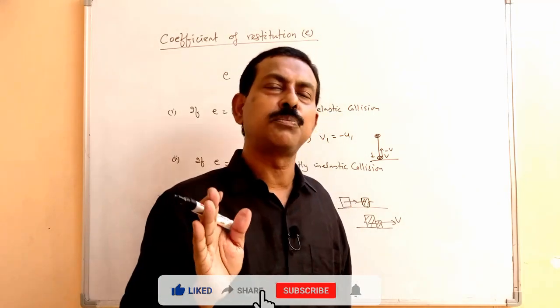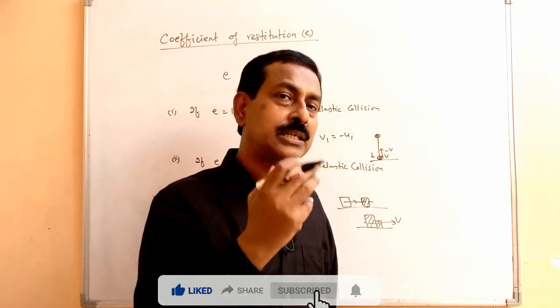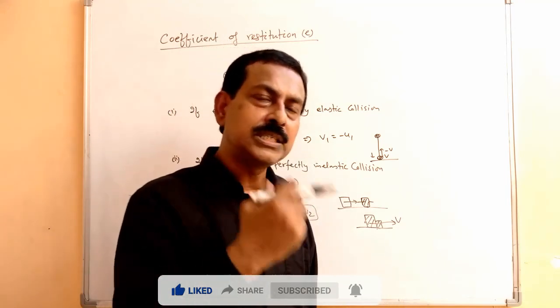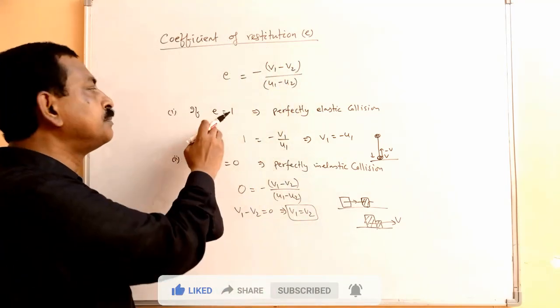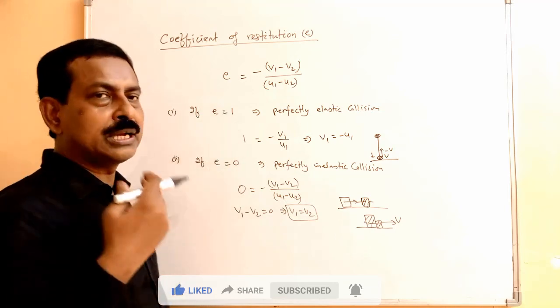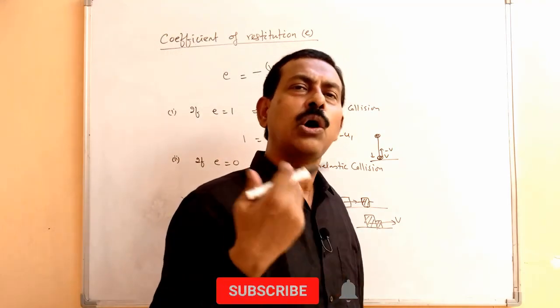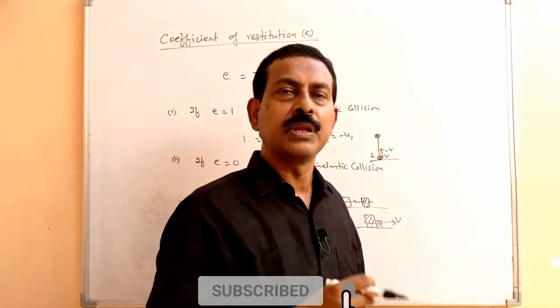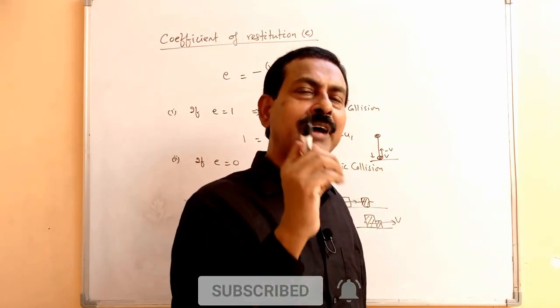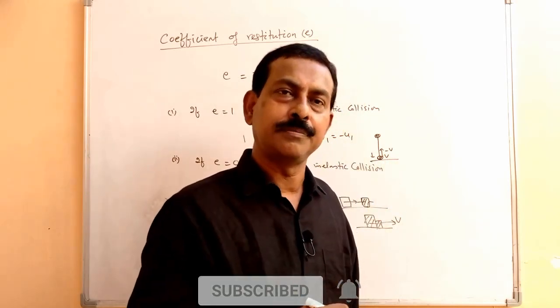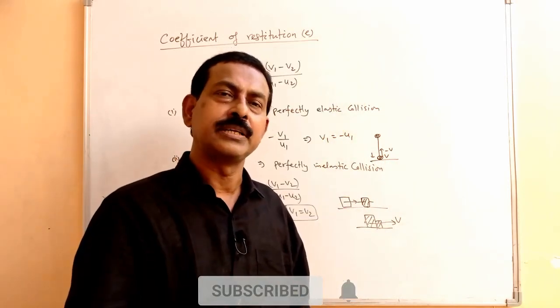So for any such problem or numerical, if you have to identify what type of collision is there, you can easily take help of the value of coefficient of restitution, and decide whether it is a perfectly elastic, perfectly inelastic or inelastic collision. In other collisions, the value of E will be ranging between 0 to 1. So this is all there in collision.